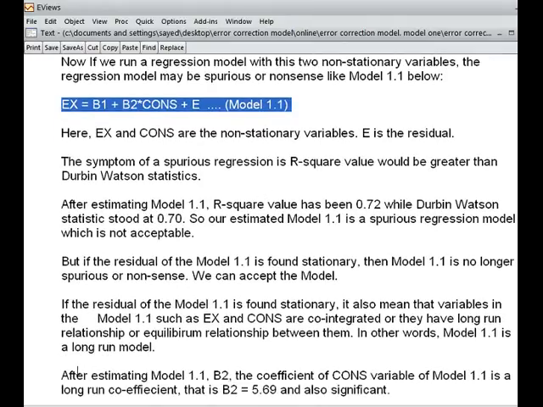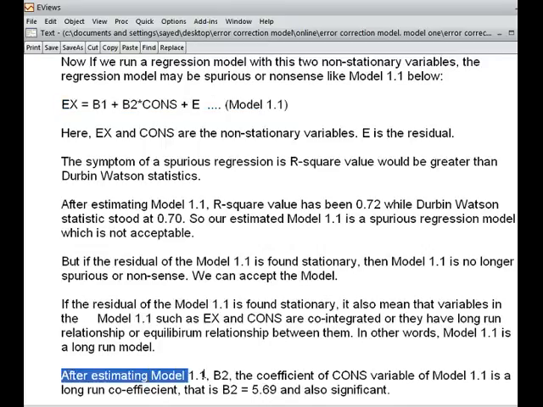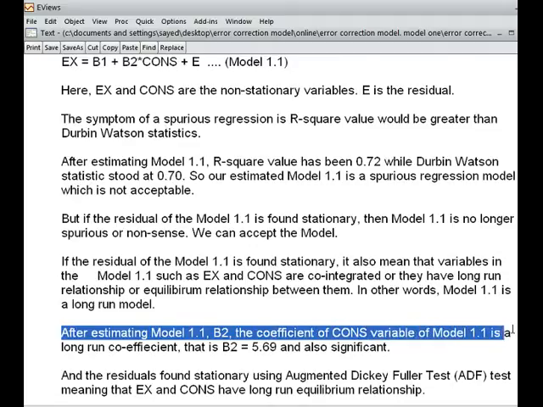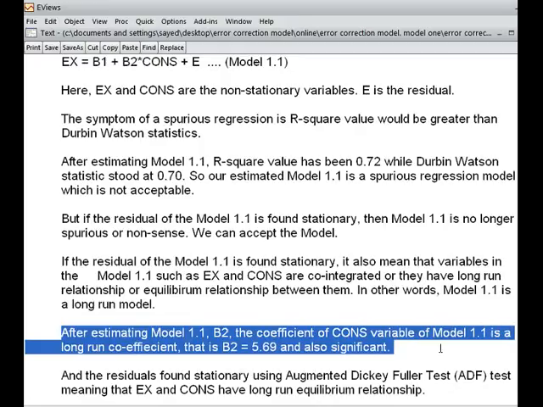And after estimating model 1.1, B2, the coefficient of cons variable of model 1.1 is a long run coefficient, and the value of the B2 has been 5.69, and also this coefficient is significant after estimations.